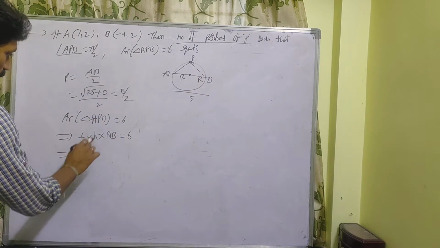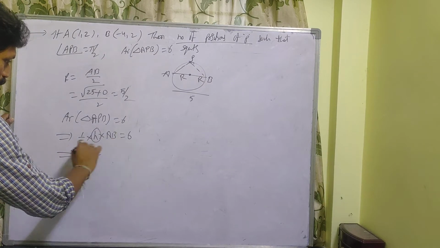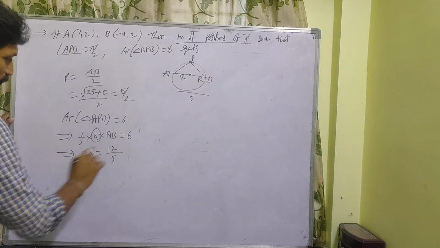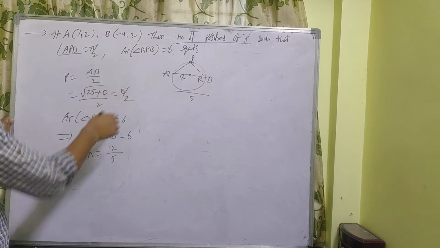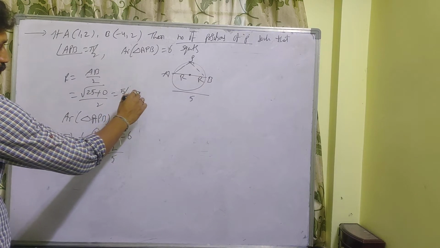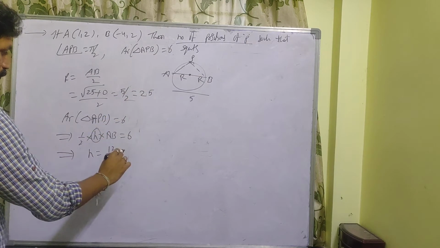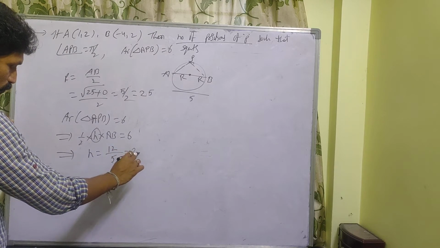So from this one you can find the height of the triangle. So H is equal to 2 sixes are 12 by 5. Okay, 12 by 5. It is 5/2. What is this one? 5/2 means 2.5. 12 by 5 means what? 2.4.